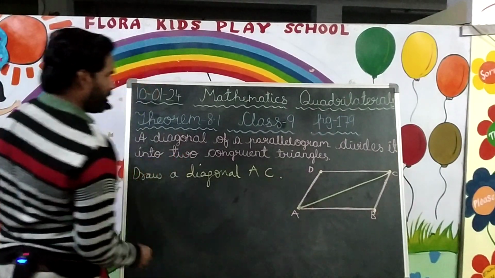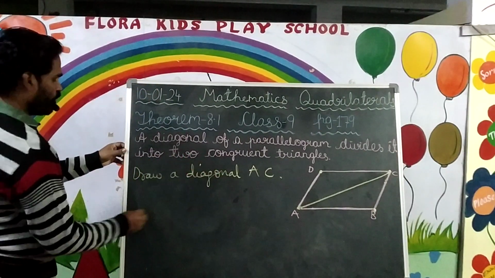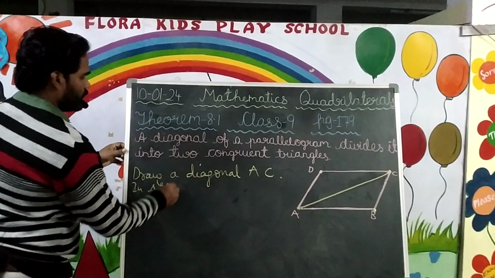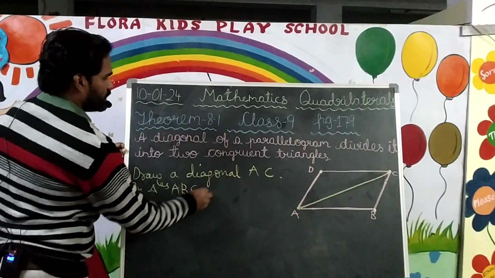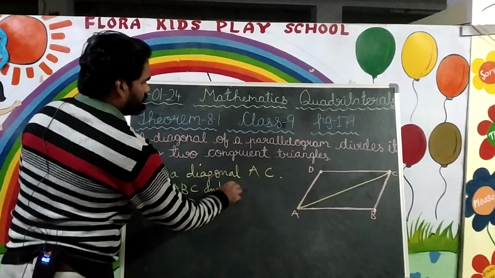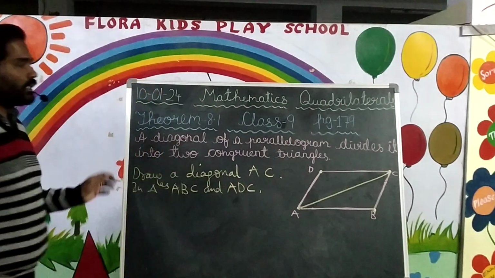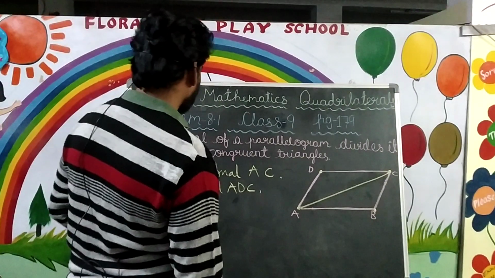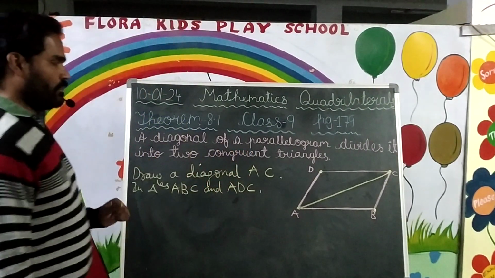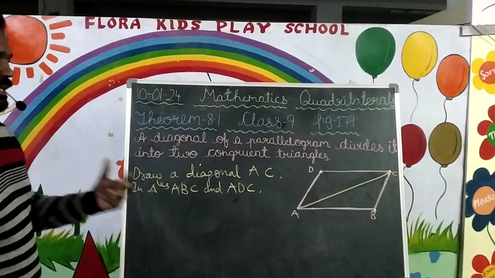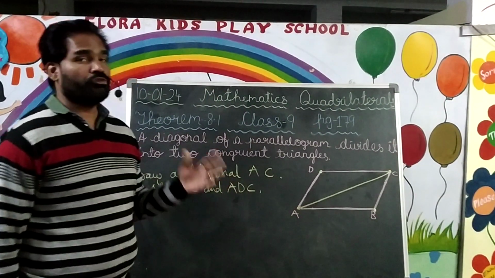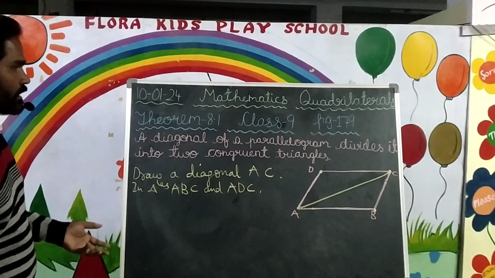Now, because of this, two triangles are formed. So in triangles ABC and ADC, we need to bring out three things and show that they are equal between these two triangles.